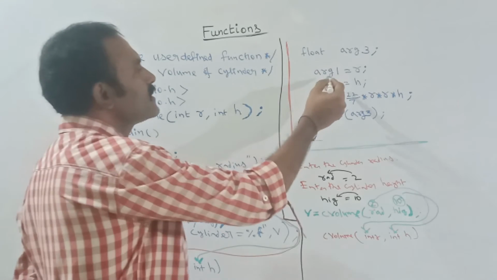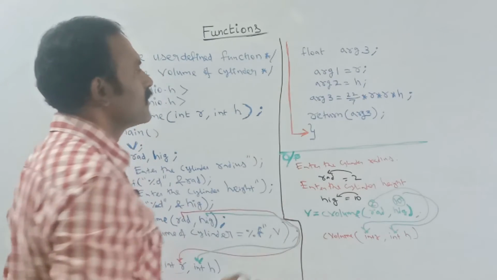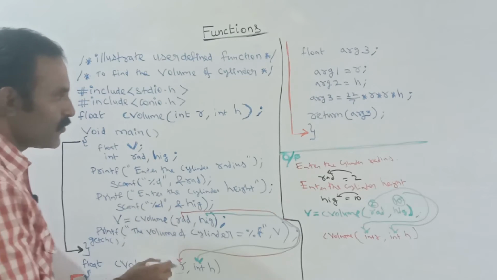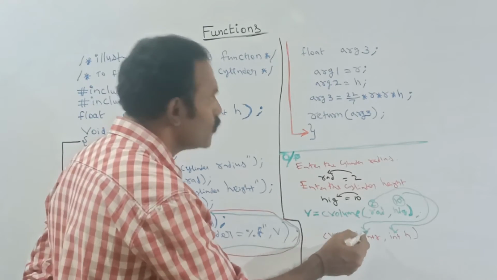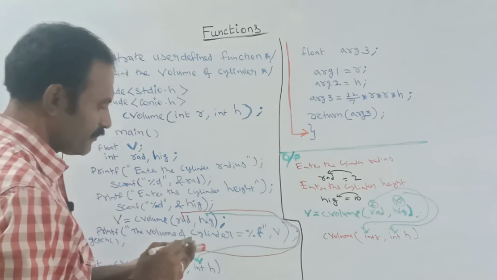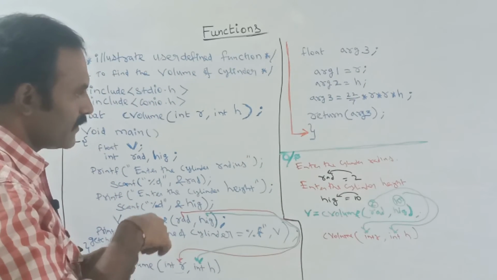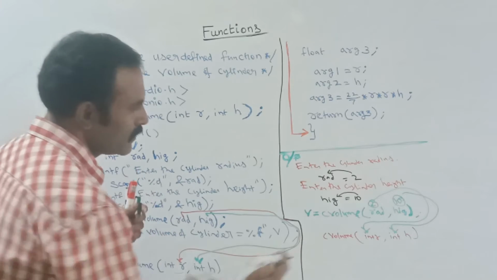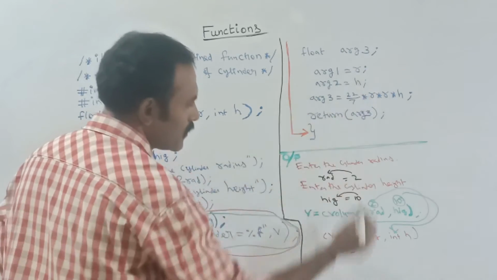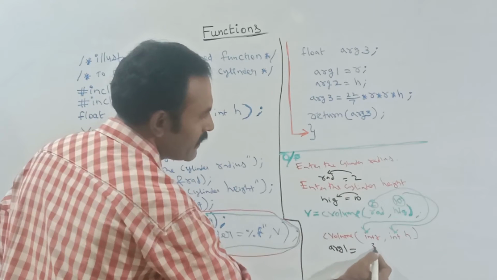So here argument 1 is equal to r. That means in r, what value does it hold? It holds the value 2. So arg1 is equal to r, that is the value 2.